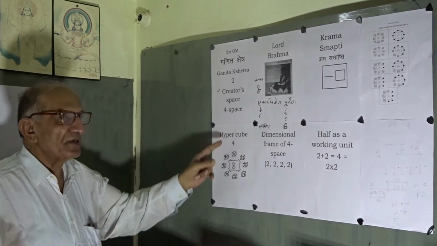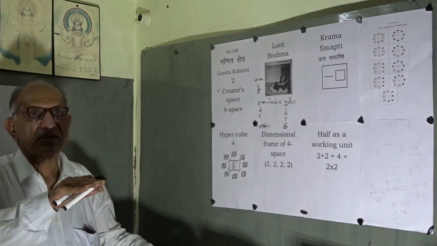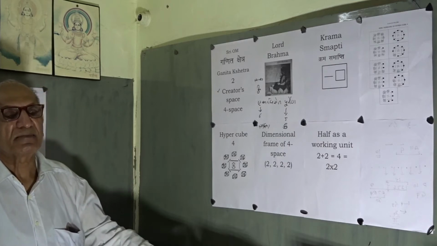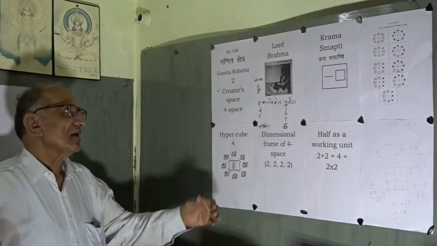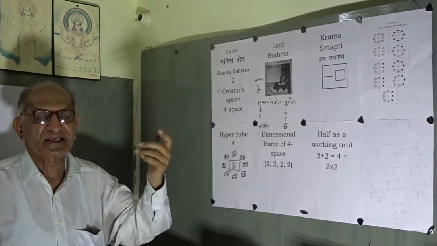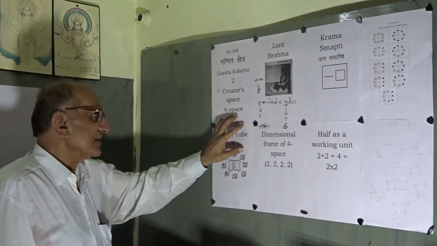So the first feature for initiation of glimpsing of the Vedic mathematical domain comes to be that it should be the glimpsing of the creator's space itself. By creator's space we mean a 4 space.